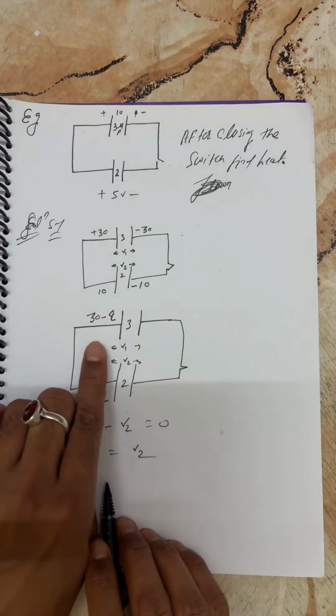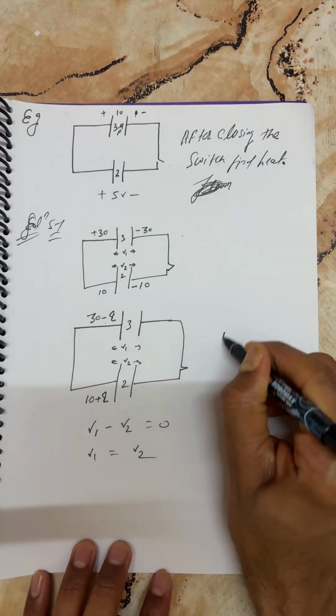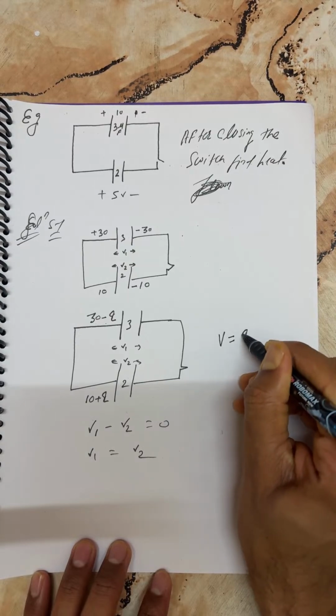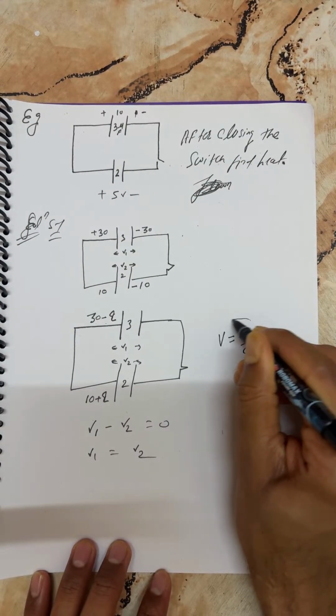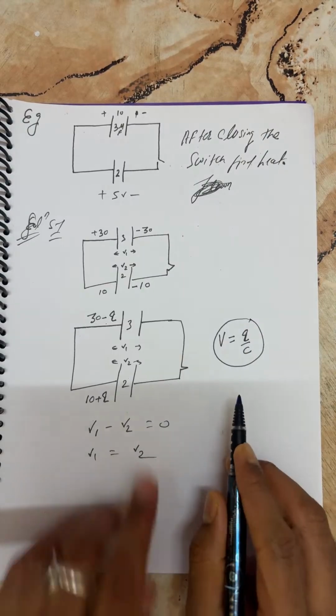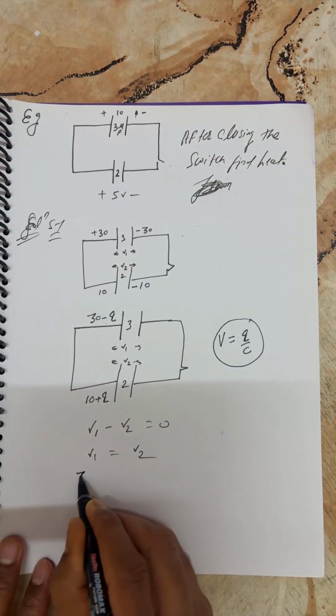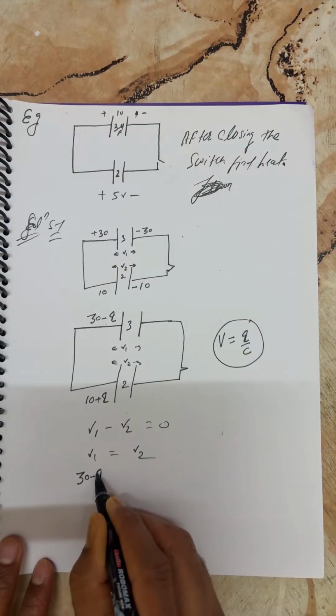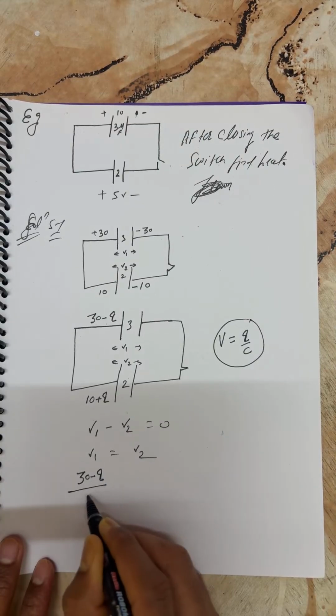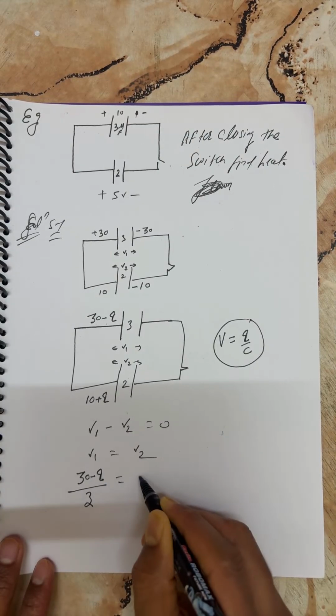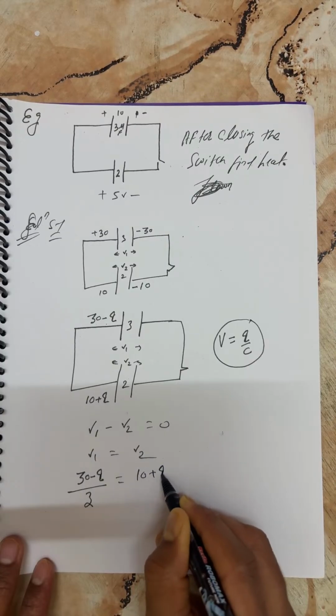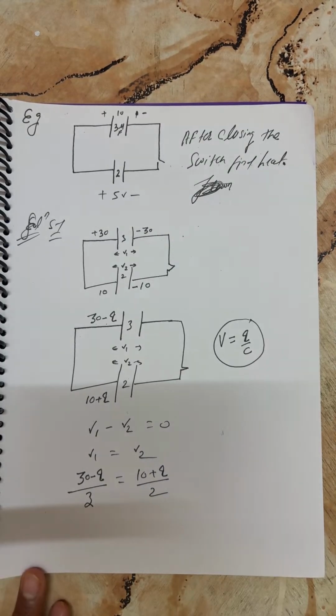So what is V1 here? V is Q by C, I taught this in yesterday's lecture. V is equal to Q by C. So what is Q here? You can write over here (30 minus Q) by 3 is equal to (10 plus Q) by 2.